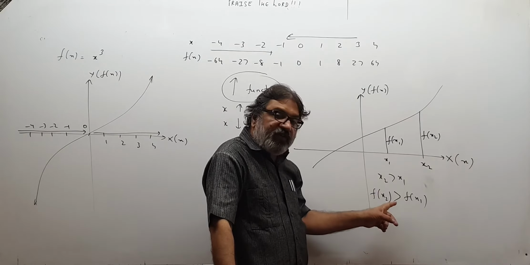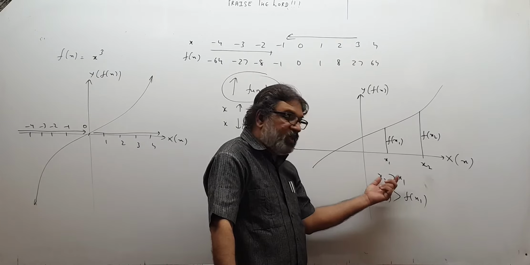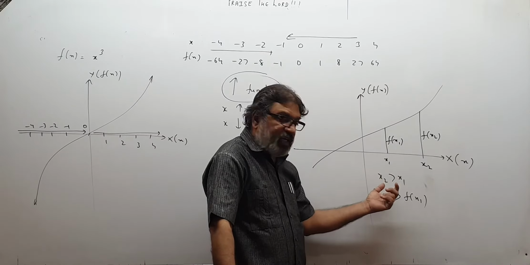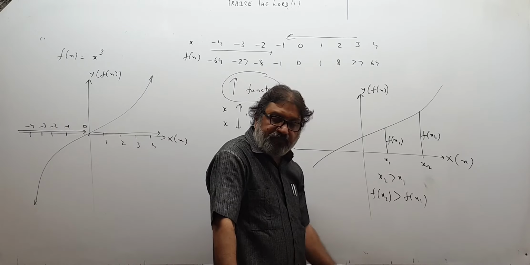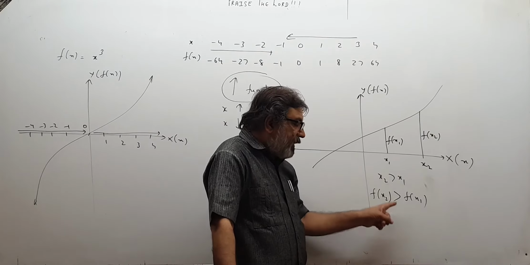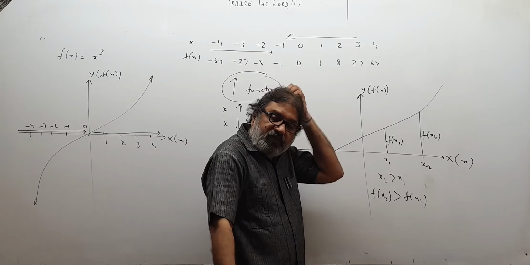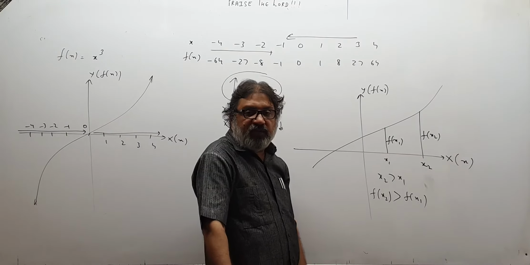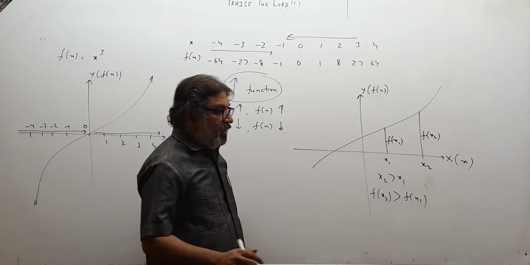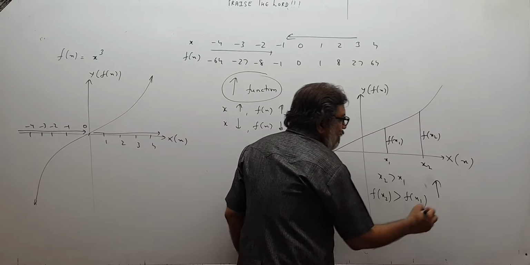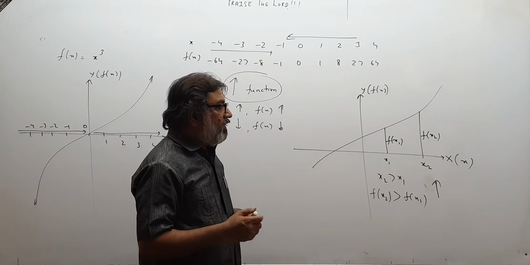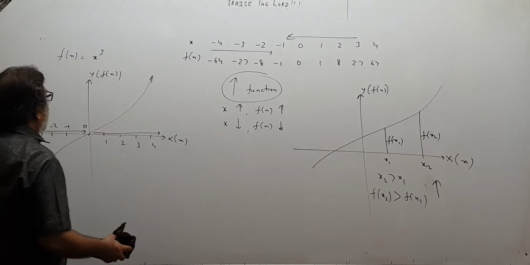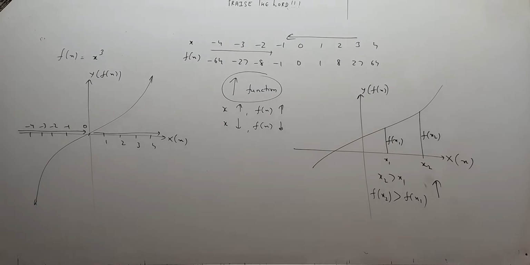Whether I apply f or remove f on the variable, the inequality sign will not change for an increasing function. This is the property for increasing function: x2 more than x1 will mean f(x2) more than f(x1). Please copy, children. Please copy.